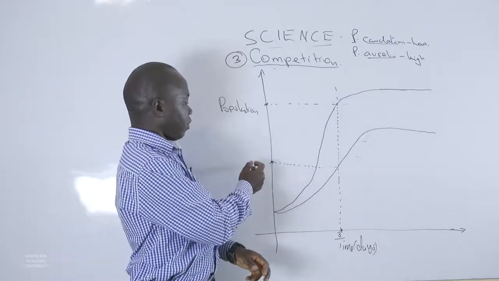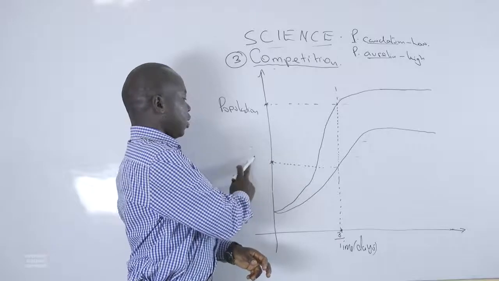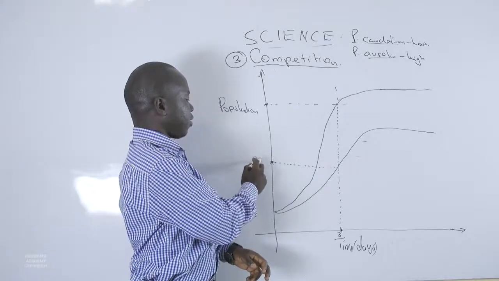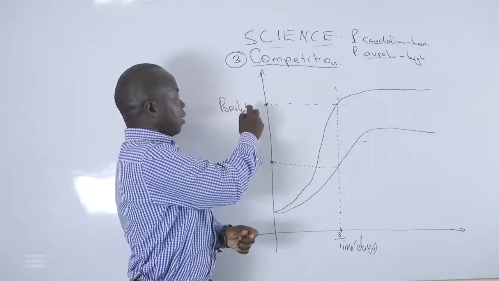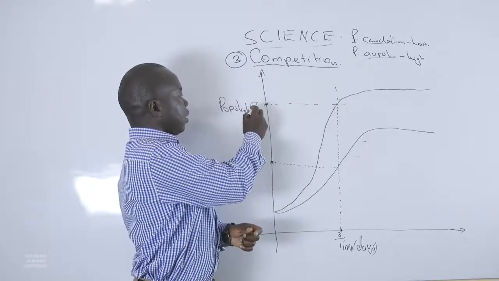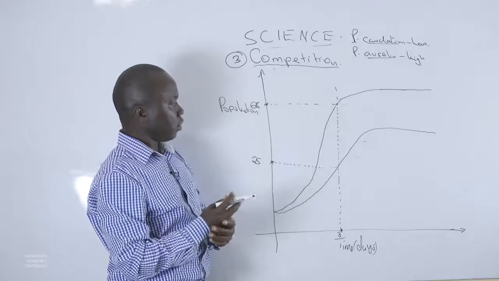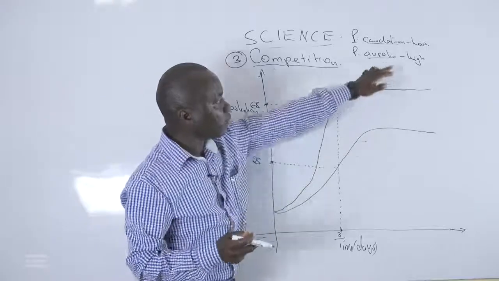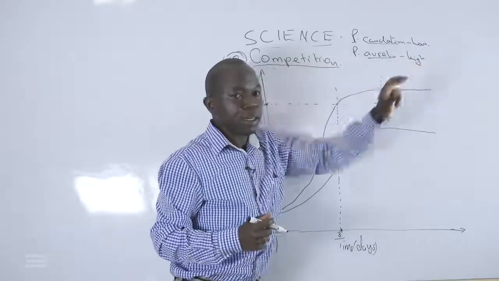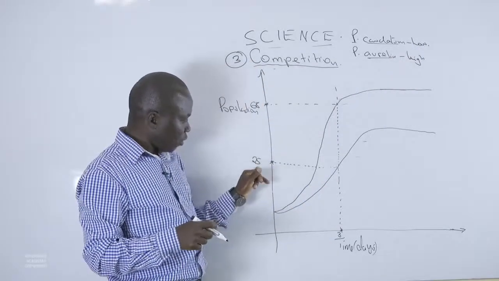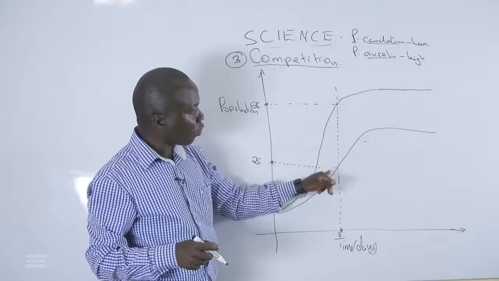Let us put in their values. Suppose the population here is 25 colonies, and here it is 68 colonies. We have said one has high reproductive ability and the other has low. So 25 will represent the one with low.